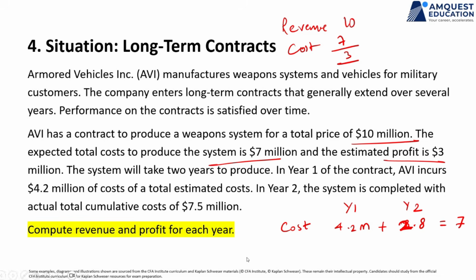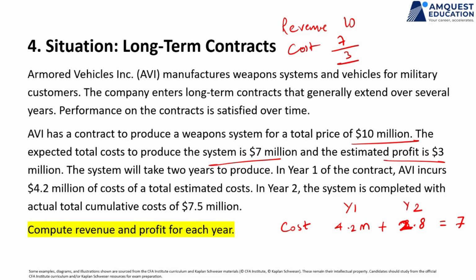Okay, so your cost will be split into 2 years. You're not going to spend everything upfront, right? 4.2 plus 2.8 is 7. $7 million is the cost to actually build this specific project.